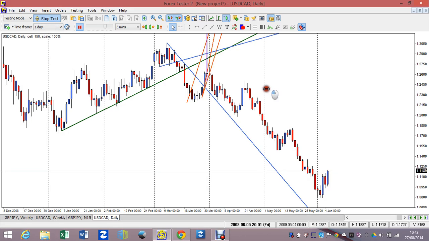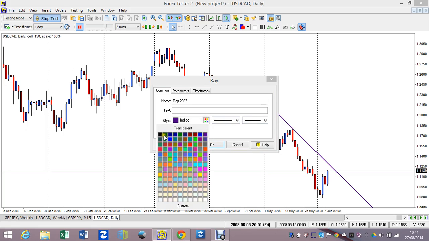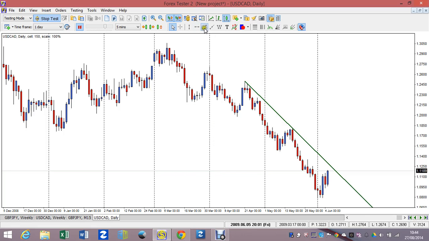What's the daily showing? Right, let's move all of this. Delete. Okay, there's a steep daily trend line there, and not quite so steep daily trend line there.